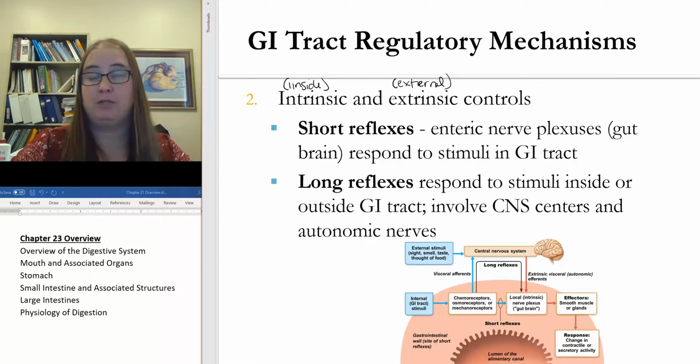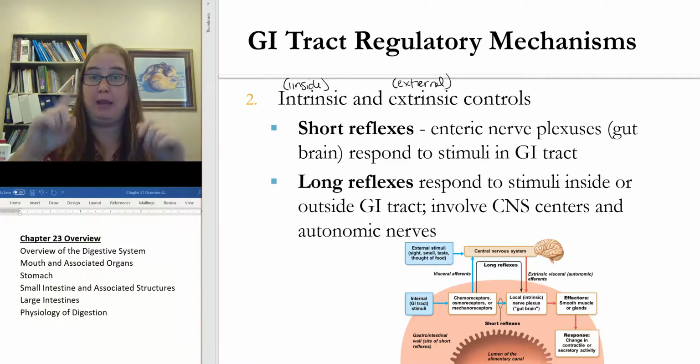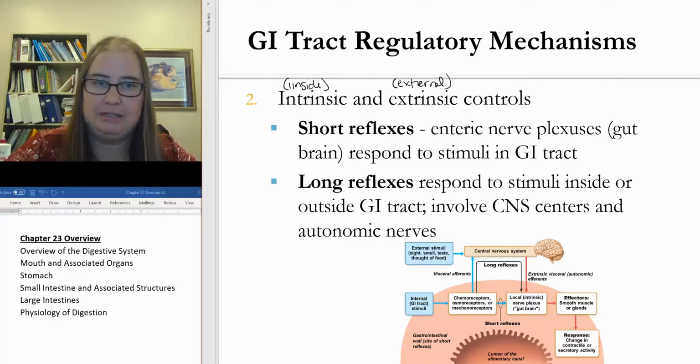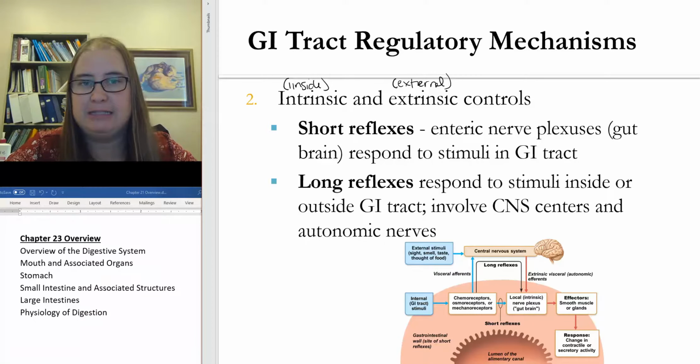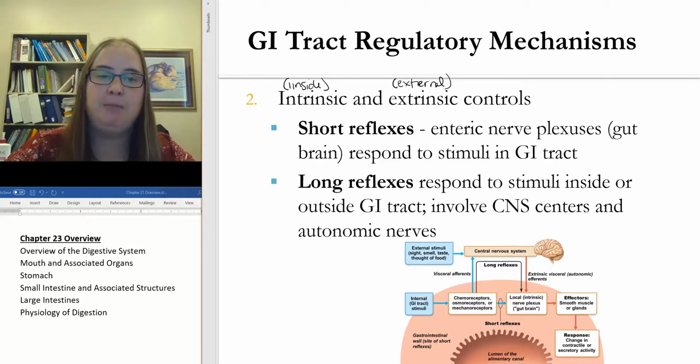So, for example, we'll talk about this later, 80% of dopamine, which is a neurotransmitter, is actually made in the stomach and transported up to the brain, where it acts as a neurotransmitter. So there's this very interesting two-way highway between the digestive system and the brain that we don't see in any other organ system. Typically this short reflex is considered an internal reflex or intrinsic control, because it's basically responding to things within the digestive system.